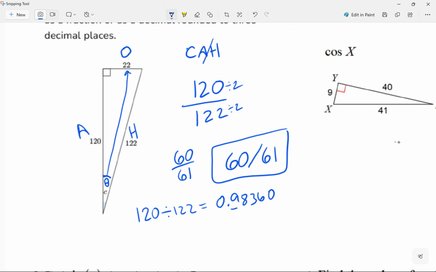I want three decimal places because I said three decimal places in the instructions here. But then I look, okay, how about my fourth decimal place? My fourth decimal place is big enough, right? That's six, because big enough means five or more. So now that one is big enough. So this six is going to push this three over. So my answer will be 0.984.